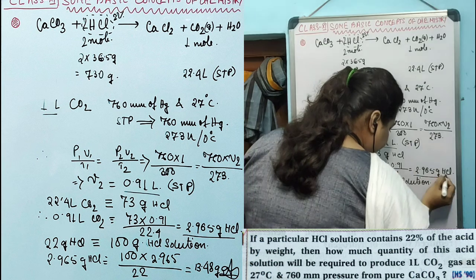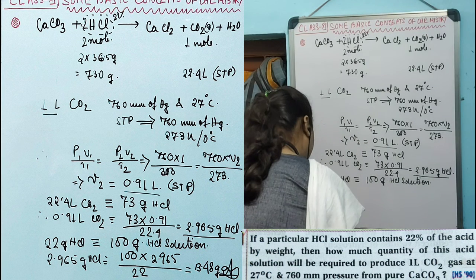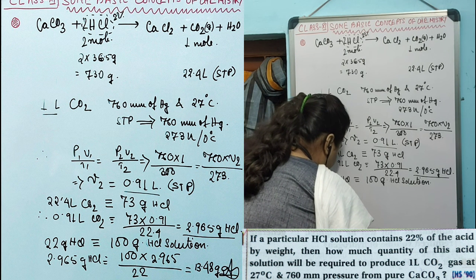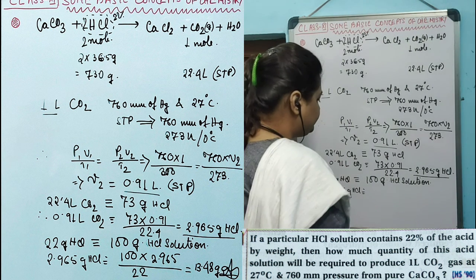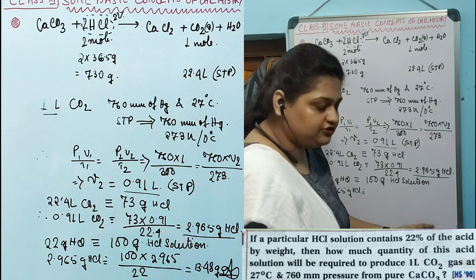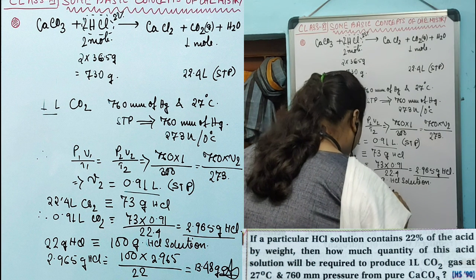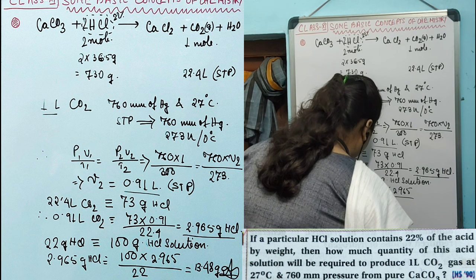But we need to take 2.965 gram HCl. Therefore, to get 2.965 gram HCl, the amount of HCl solution needed can be calculated by the unitary method by multiplying 100 into 2.965 divided by 22.